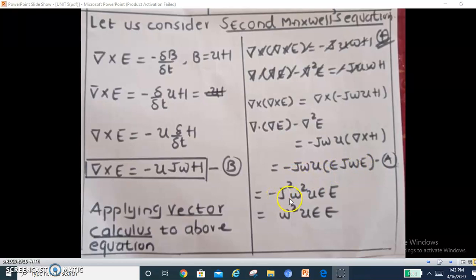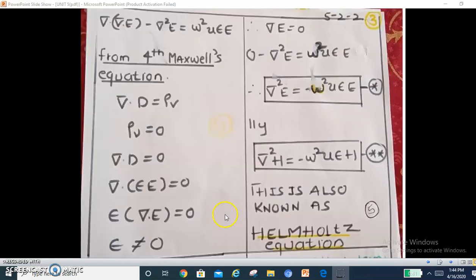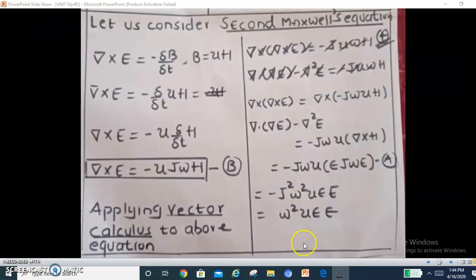The remaining term is omega square mu epsilon E. So we get the conclusion that del dot del E minus del square E is nothing but omega square mu epsilon E, which we have derived.